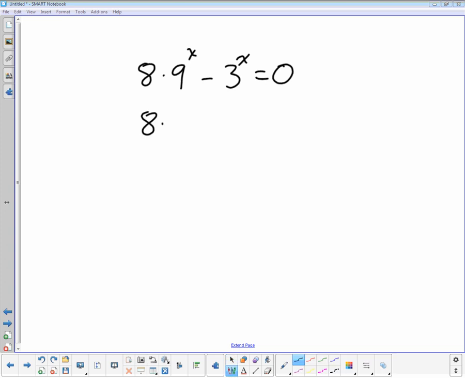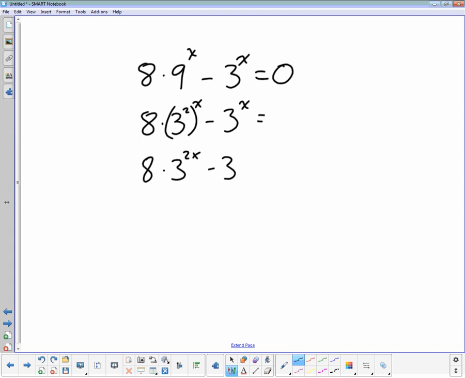Okay. So 9x becomes 3 squared x minus 3 to the x. 8, 3 to the 2x minus 3 to the x equals, okay. Are we cozy, comfy?